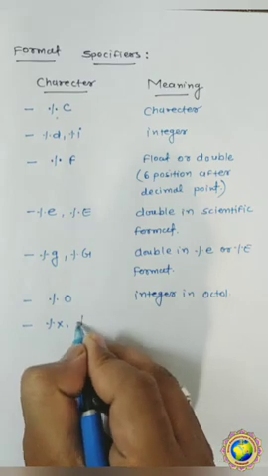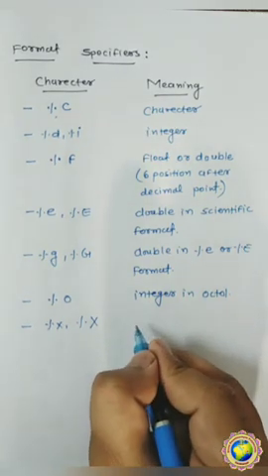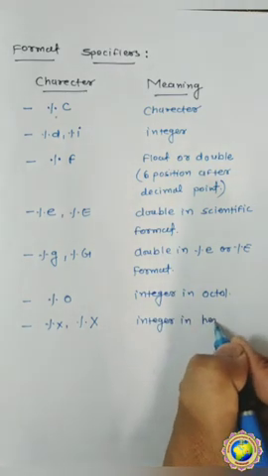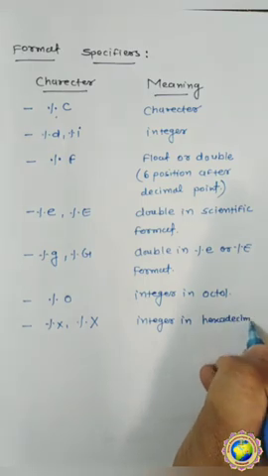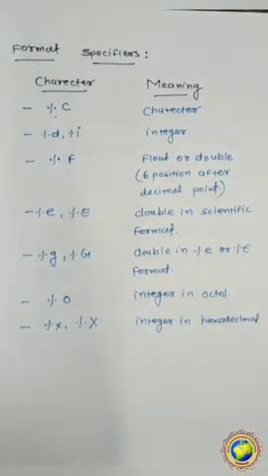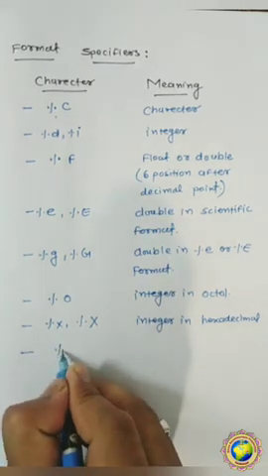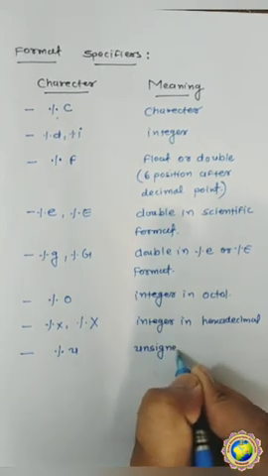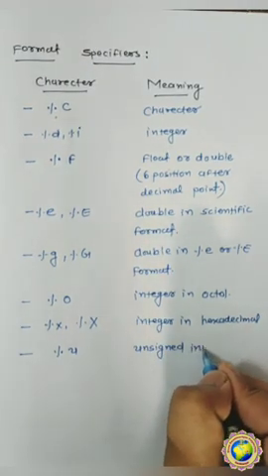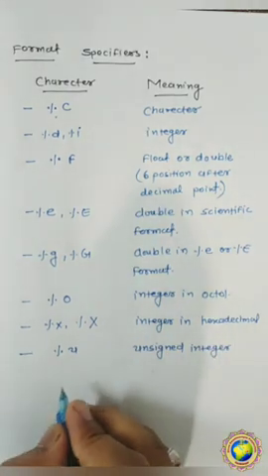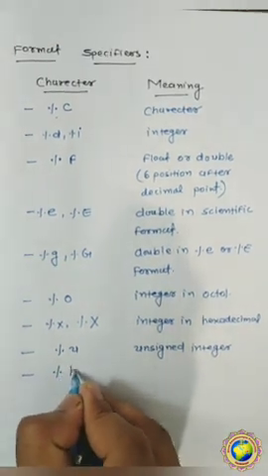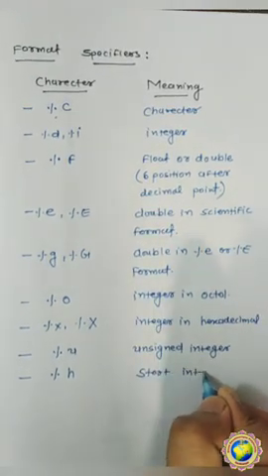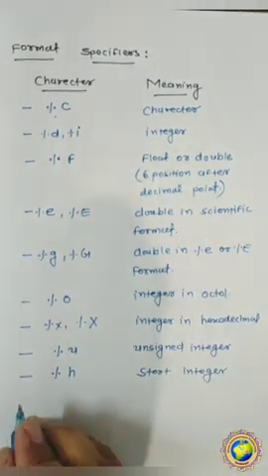Okay, then %x or %X, it is an integer in hexadecimal. Then %u, it is an unsigned integer. %h is short integer.